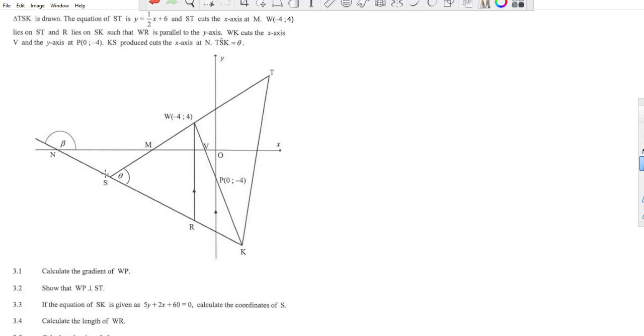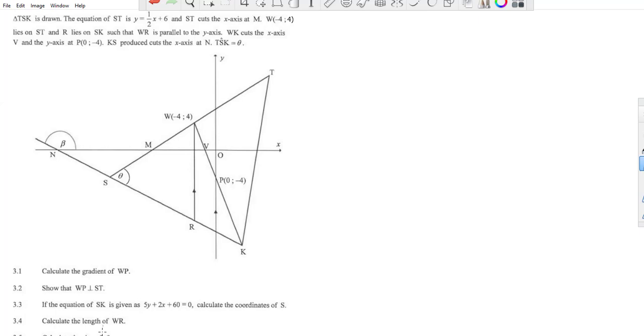And then we have the point S, which is the intersection of the straight line ST and the line SK. So they touch each other at S. And we have the point of intersection of the y-axis with the line WK, which is P, with x 0 and y minus k.